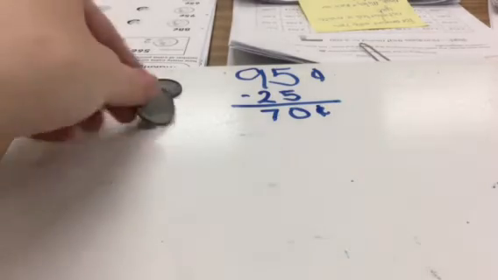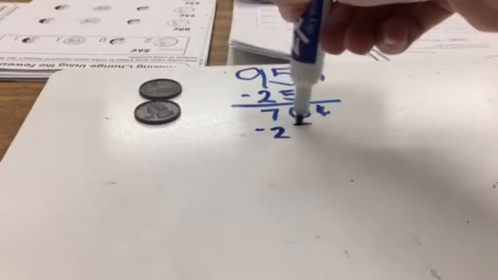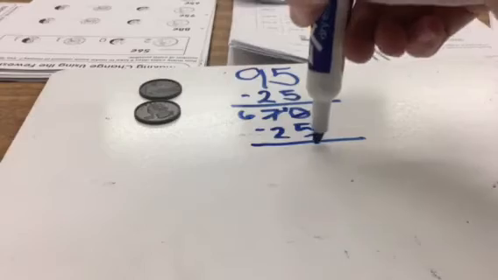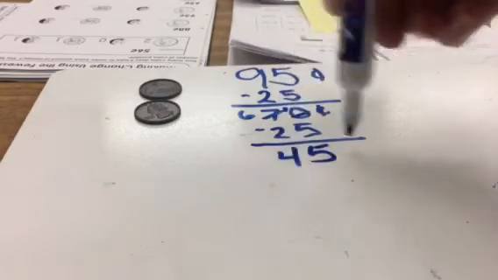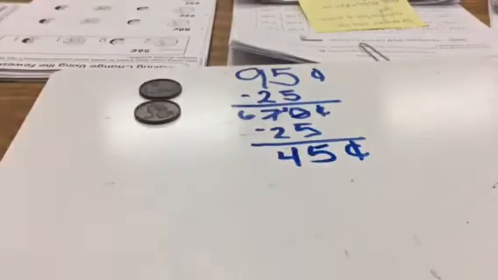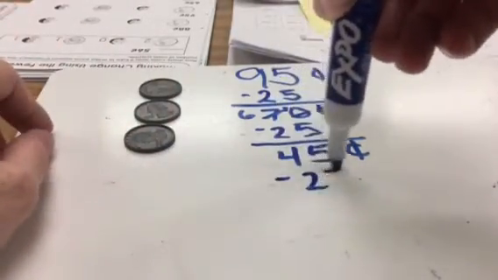I certainly can, because a quarter is only 25. So if I take off a quarter, then I'm left with 45 cents left to make. So far I'm at 2 quarters and 45 cents to go. Well, I know 45 is bigger than a quarter, so I can add another quarter to my mix.